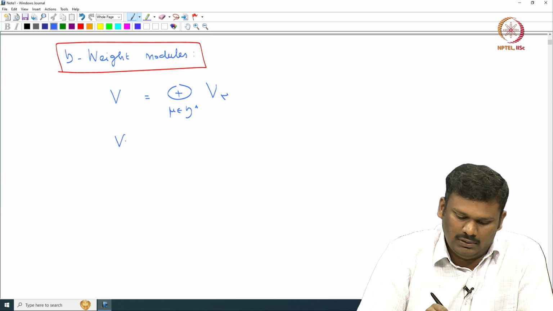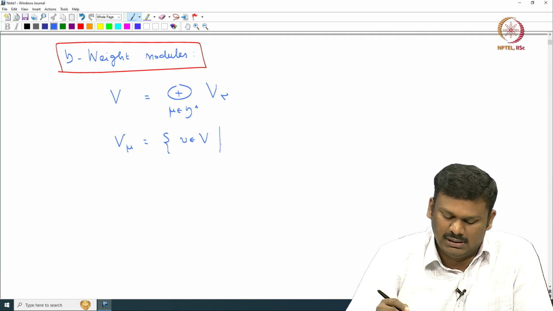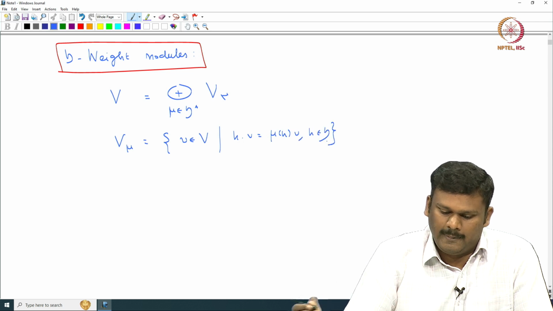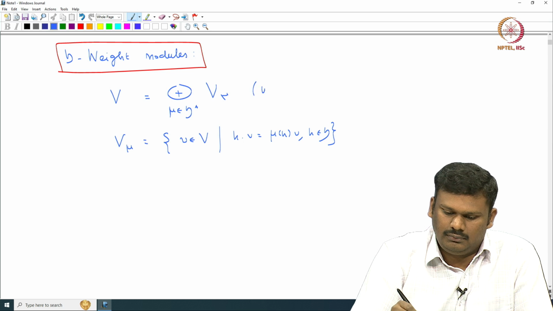So, recall V mu by definition, this is the weight space, those vectors v in V such that there is this simultaneous diagonalizable action. So, h v is given by mu of h v for all h in H. Okay. So, if we have this weight space decomposition, then we call this an H weight module.